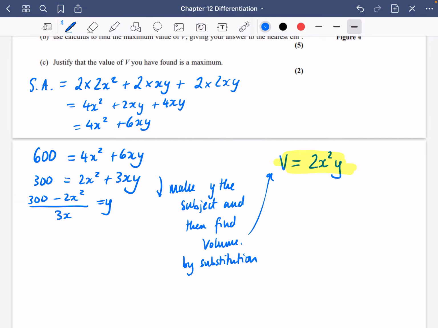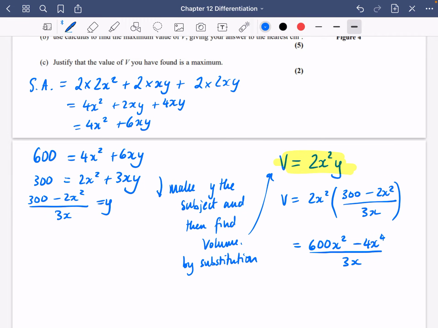Now that I've got that, I can substitute it into the volume, which is 2x squared multiplied by y, which is 300 minus 2x squared divided by 3x. So let's just expand all of this. I'm going to then get 600x squared minus 4x to the power of 4 divided by 3x.